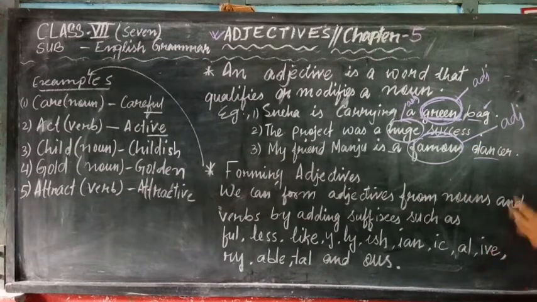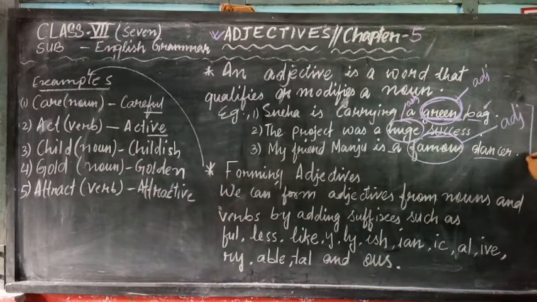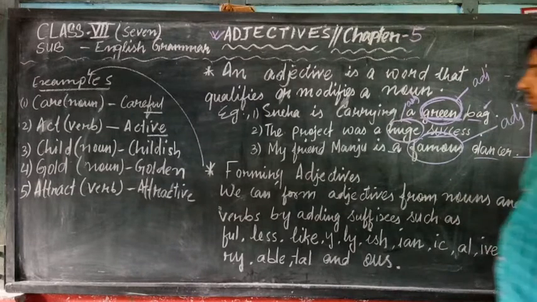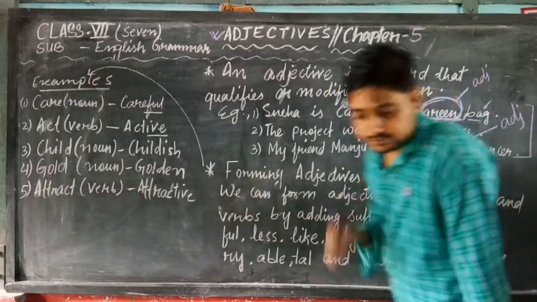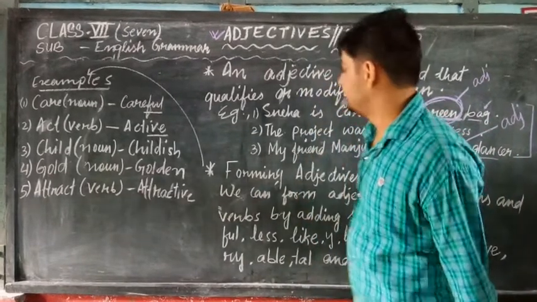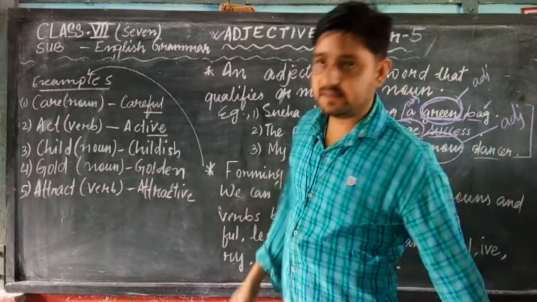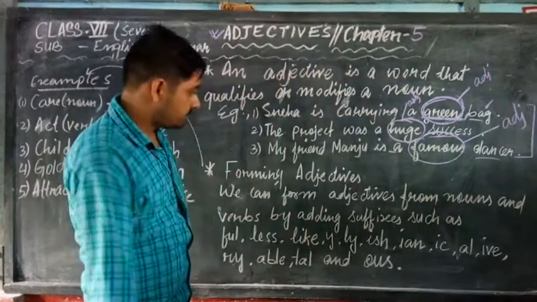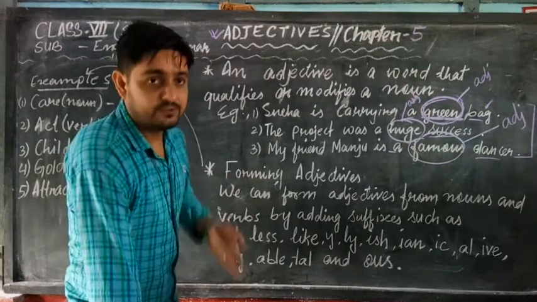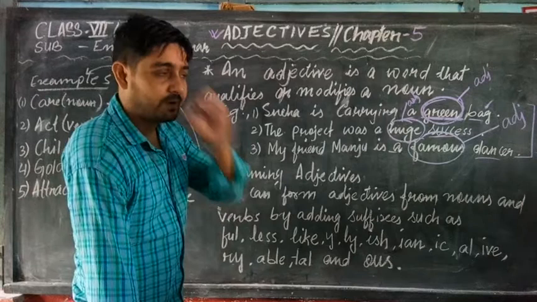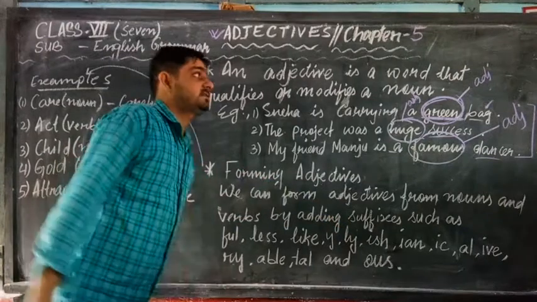I hope it is clear to you what an adjective is from these examples. Now we will see how adjectives can be formed. We can form adjectives from nouns or verbs by adding suffixes.